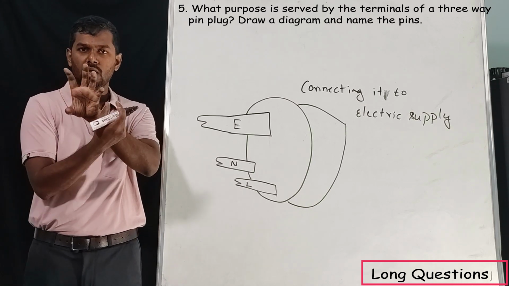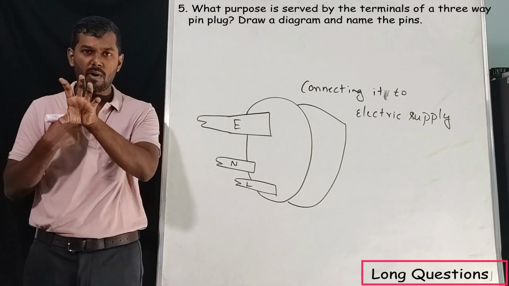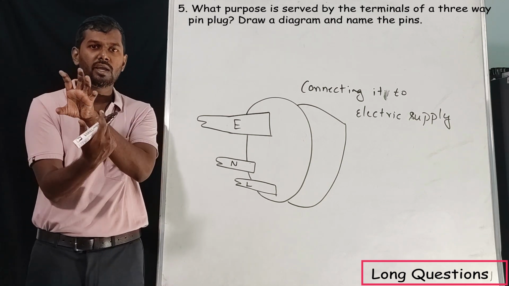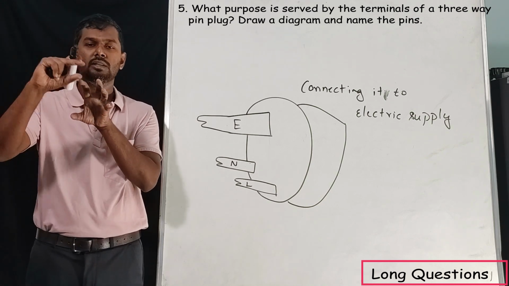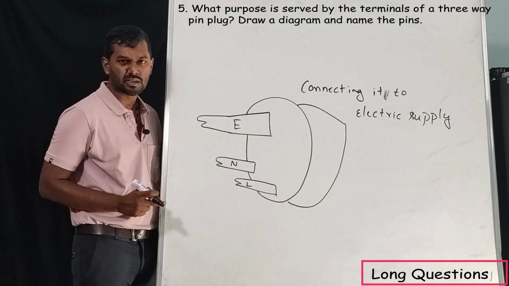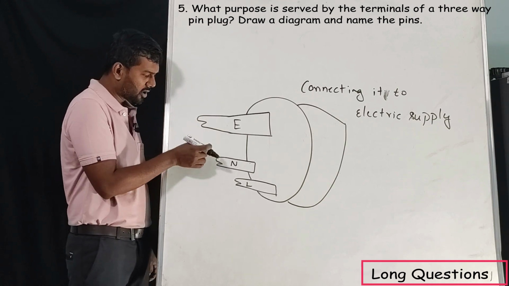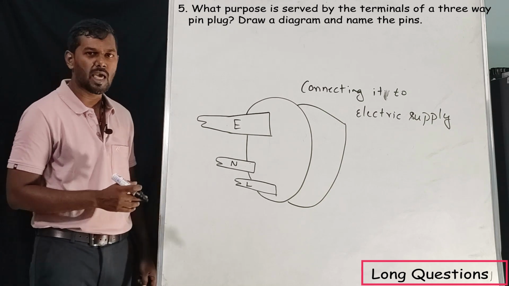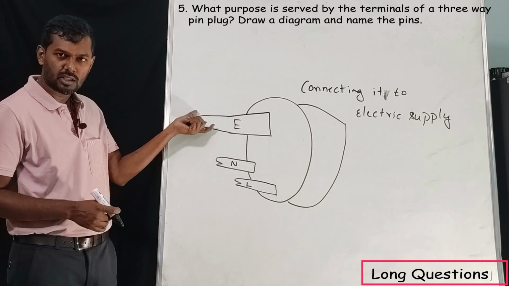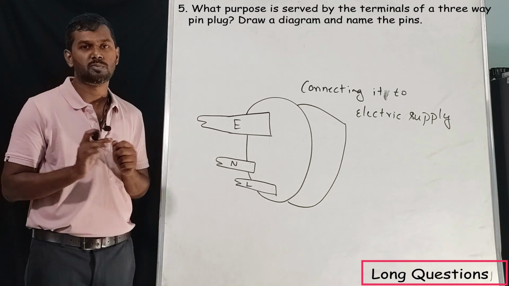Earth wire, live wire and neutral wire. To my left side is live wire and this will be neutral wire. The upper part will be the earthing connection. This earthing pin should be thicker and longer compared to these two. This is how you have to draw the diagram.